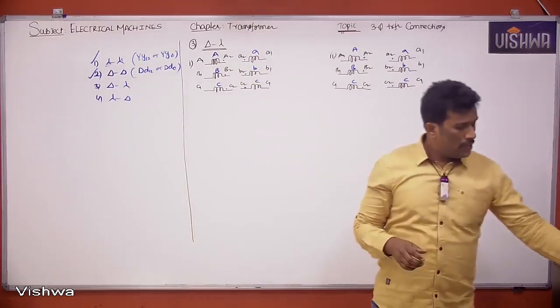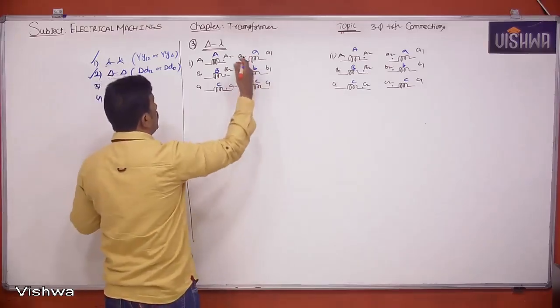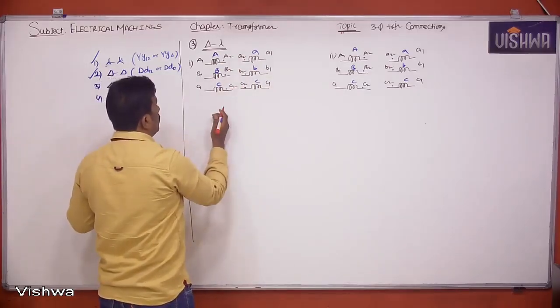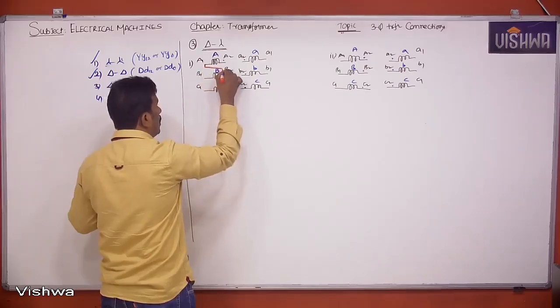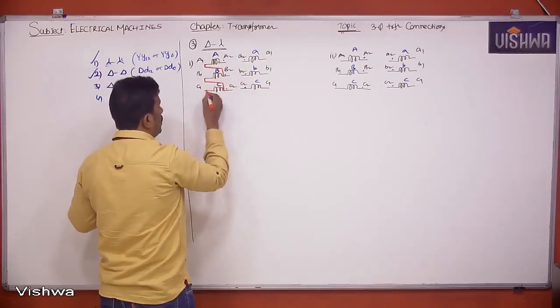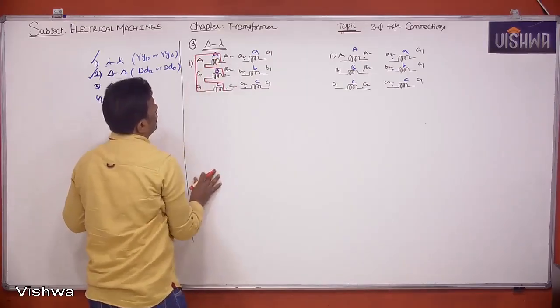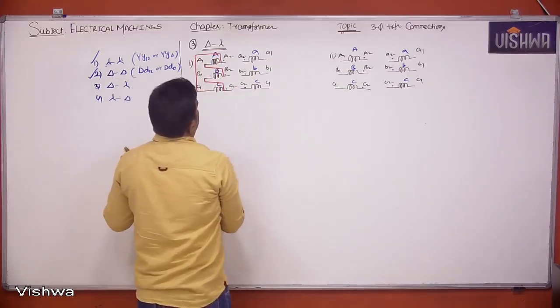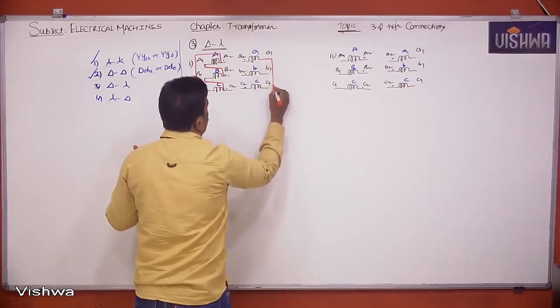See, in case 1, it is a delta winding. I'll give input to A2, B2, C2, and connections will be like this: undotted to dotted, undotted to dotted, undotted to dotted. In star, I'll take output from A2, B2, C2 by providing neutral to A1, B1, C1.